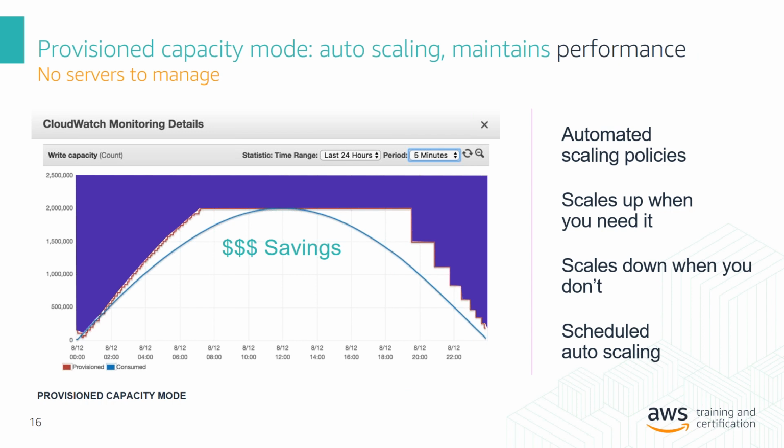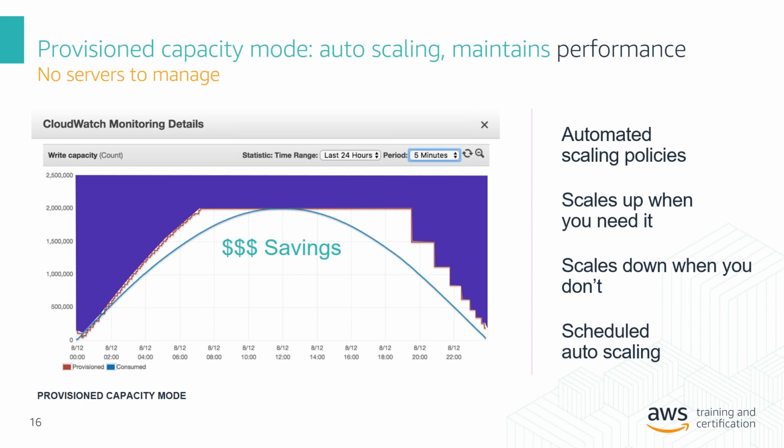Something really important to emphasize is the fact that not only will you be able to focus on what you're trying to achieve, but DynamoDB also provides a provisioned capacity mode with auto-scaling, which will maintain performance for you without having to do anything.